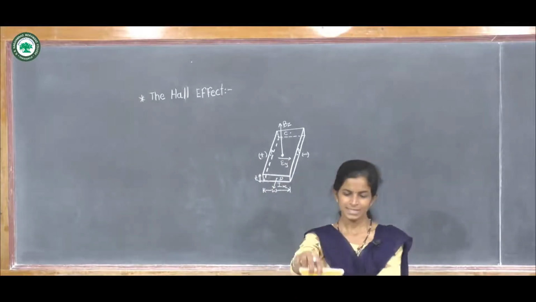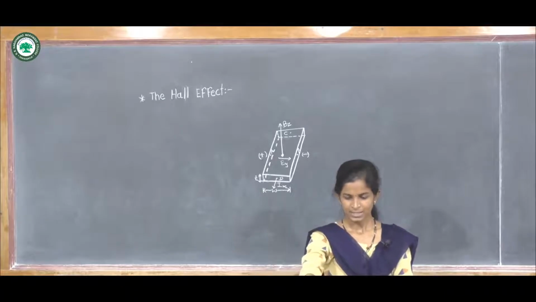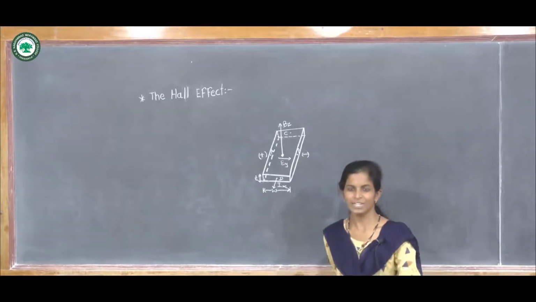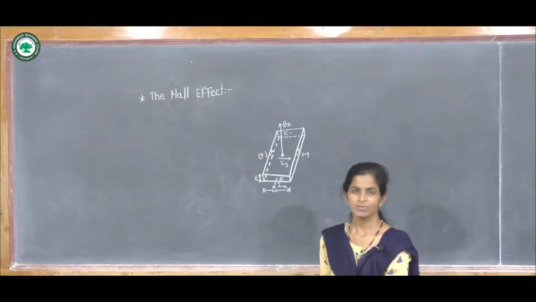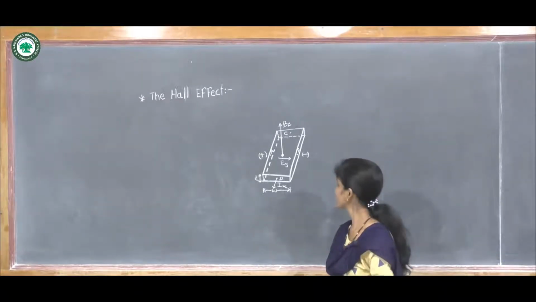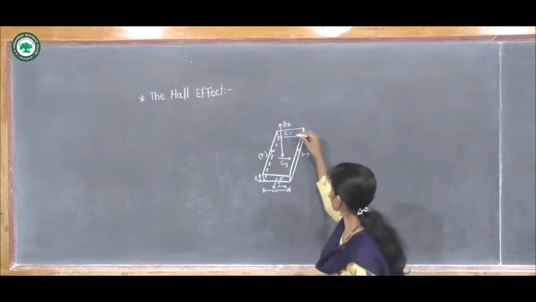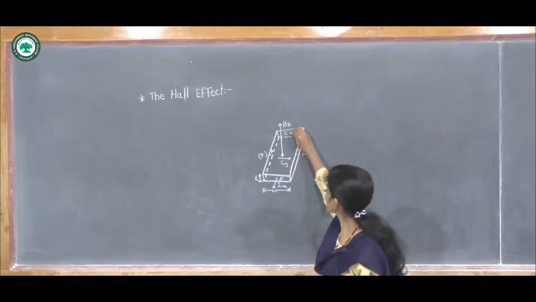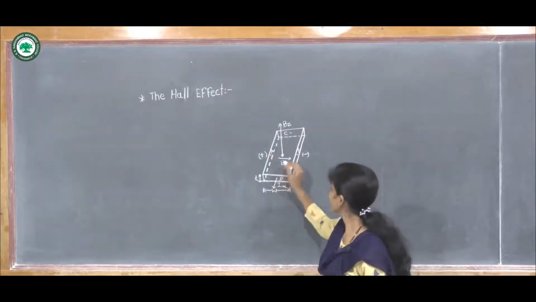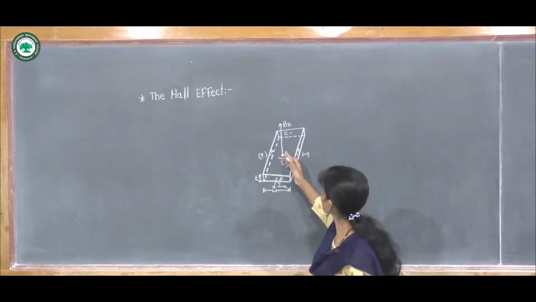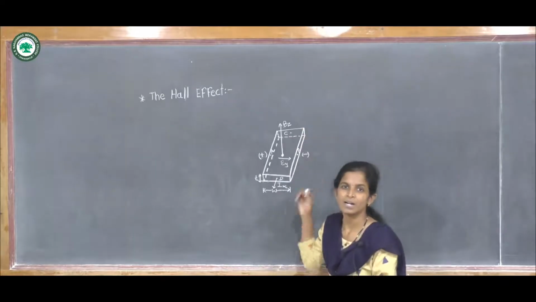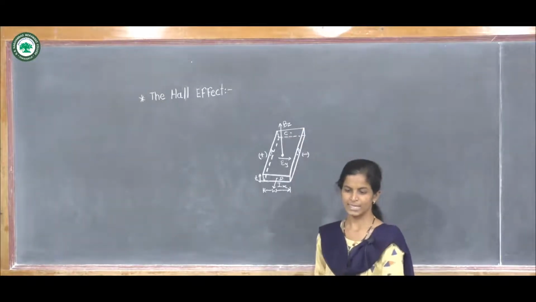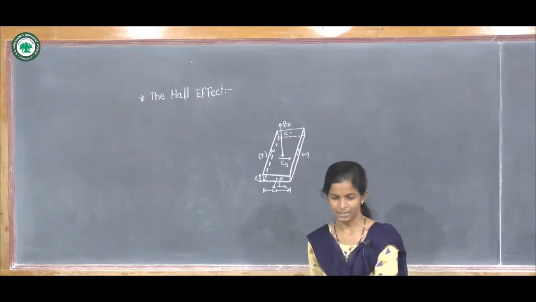As the bar is p-type, if a magnetic field is applied perpendicular to the direction in which the holes drift in the p-type material, that is, holes will flow from point C to point D, and the magnetic field is applied perpendicular to the direction of motion of holes in the p-type bar.